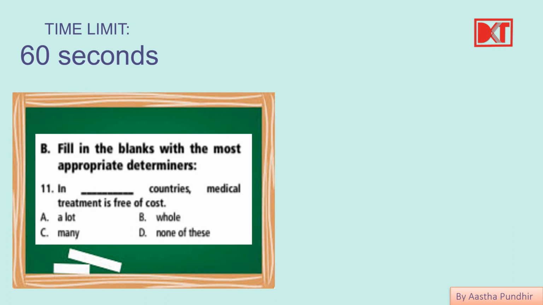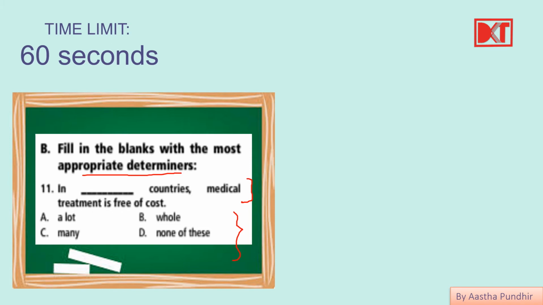Okay, so now we start off with the questions for determiners. Here, in the first category, you have to fill in the blanks with the most appropriate determiners. Read the question as per the blank, and fill in the appropriate determiner from the options. Let's see. In dash countries, medical treatment is free of cost.